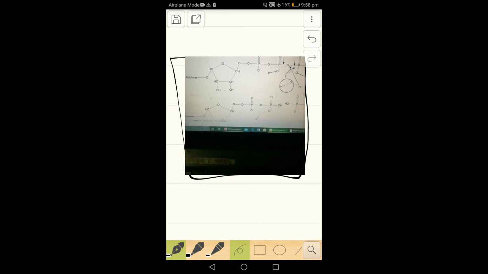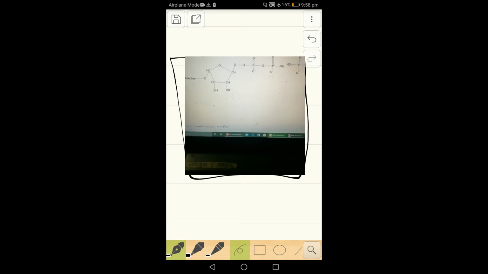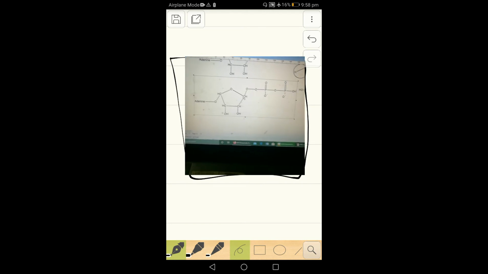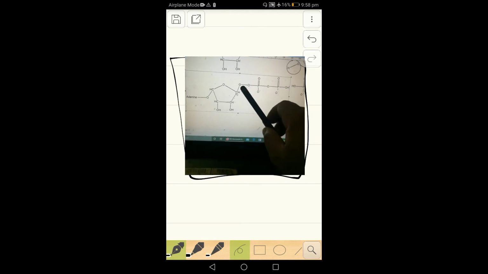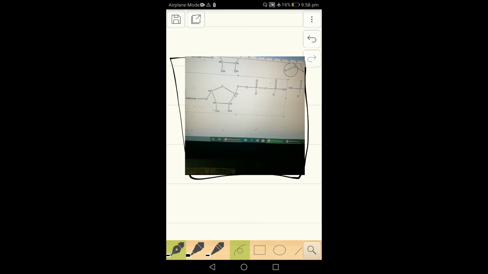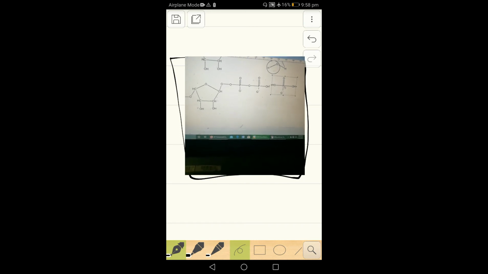The broken down product, this whole compound, is now ADP, because there are two phosphate groups attached, and we have got an overall phosphate group.